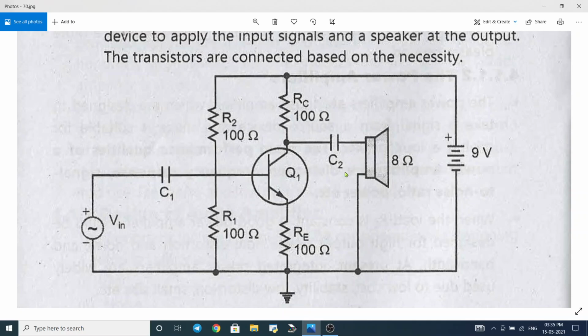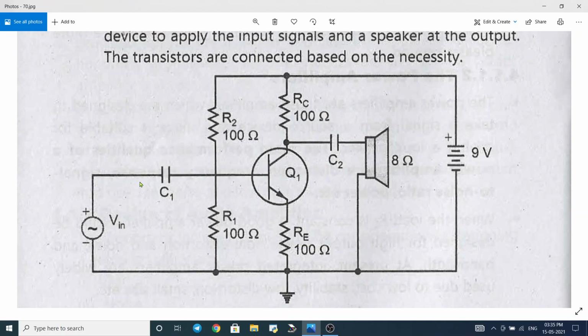If you forget this speaker, this is plus VCC, an NPN transistor with collector resistor RC, emitter resistor RE, resistors R1 and R2 for base biasing, input coupling capacitor and output coupling capacitor.